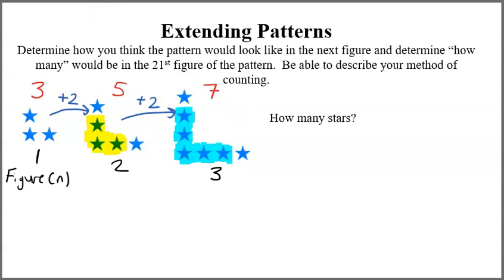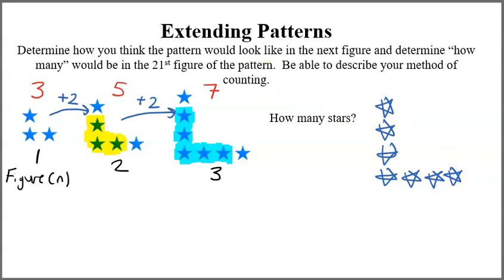So to answer my first question, what would the next figure look like? Well, it would look like figure 3, but it would have 2 stars at the end. So I'm going to draw figure 3, and then I'm going to add 2 stars to the end.